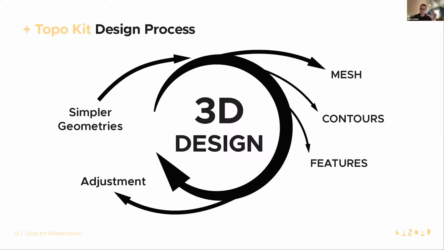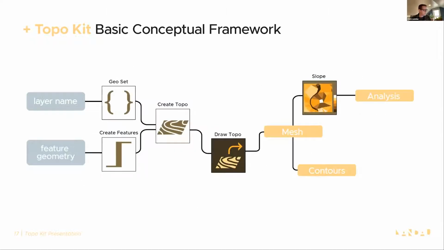So designing in 3D, having simpler geometry inputs, having a mesh or contours or feature models like walls and things as outputs that you can use, and then adjusting and seeing how those things change, and having that just be a constant feedback loop in your design process.